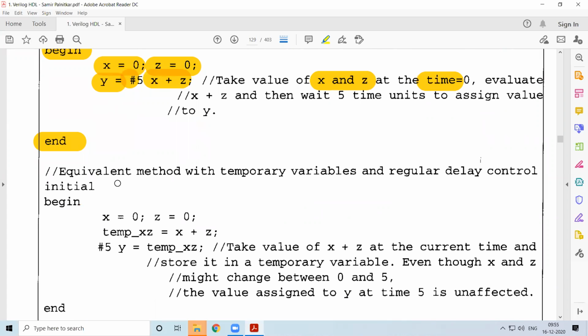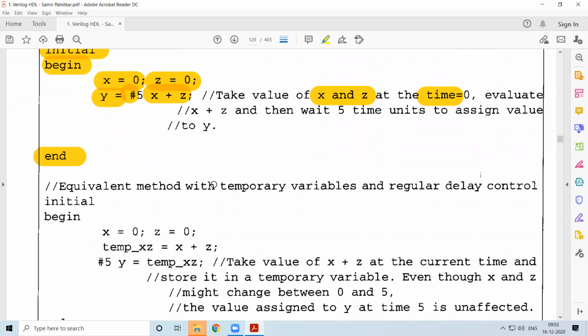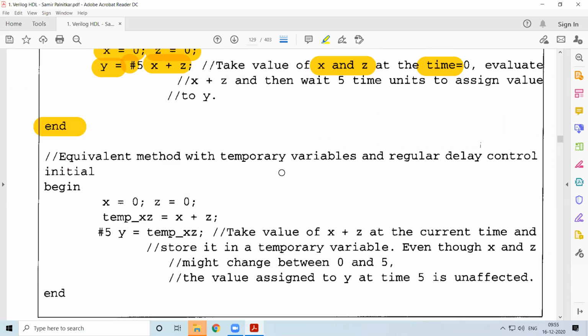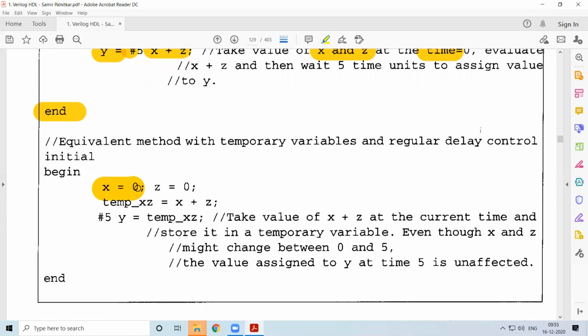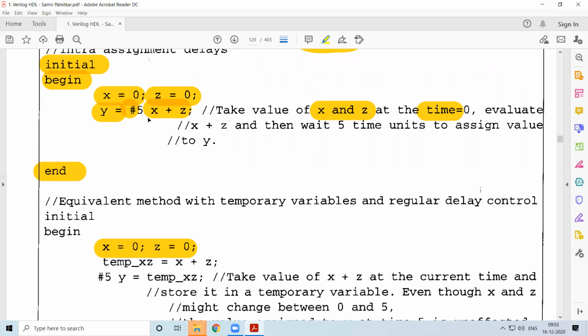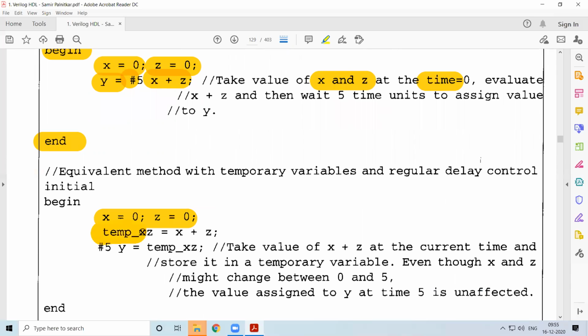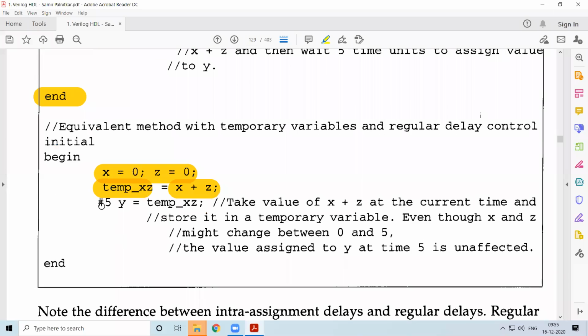And the equivalent of this one is specified over here with your regular delay operation. So here x and z they have assigned. And as I specified, this statement will be encountered at time unit t equal to 0. So when it is encountered at that time, x and z is evaluated. It is like a temporary variable storing the value of x and z. And in between, even if x and z change, it will not disturb this temporary value.